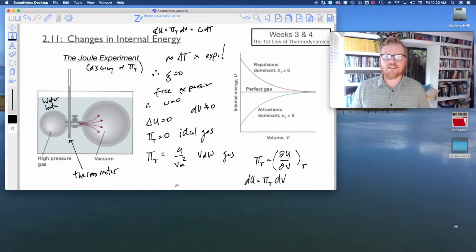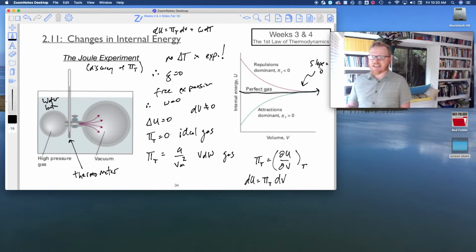So now when I get this graph, we can see two regimes will manifest as a result of the volume. It depends on the conditions. We know that when Pi_T equals 0, in other words, when the slope is 0, so slope equals 0 for a perfect gas, so no attractive or repulsive forces.